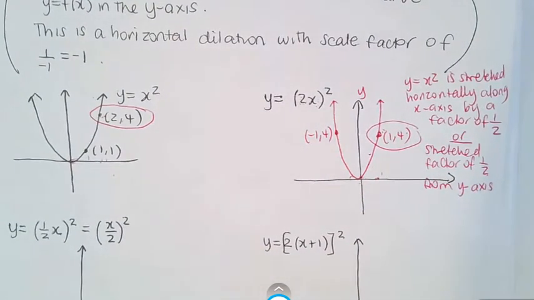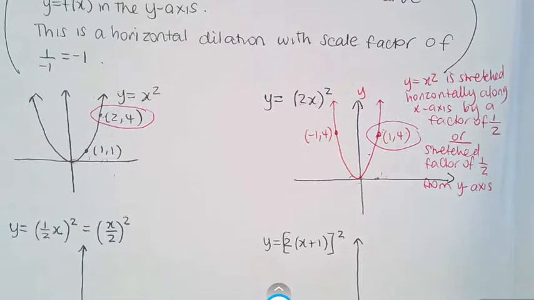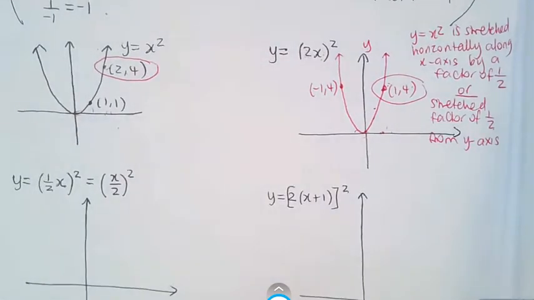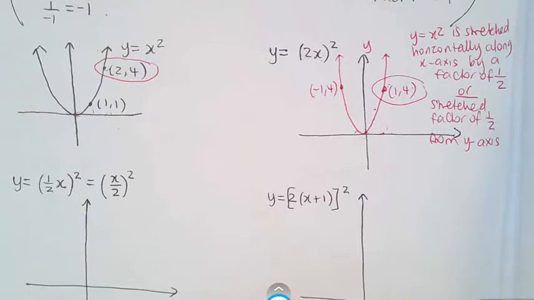See, if you're stretching by the factor of a half, it's actually being compressed. You know what? If you don't want to use the word compressed, just always use stretched, but just make sure you're using the correct axis. All right? Stretched by a factor of a half means it's actually compressed.